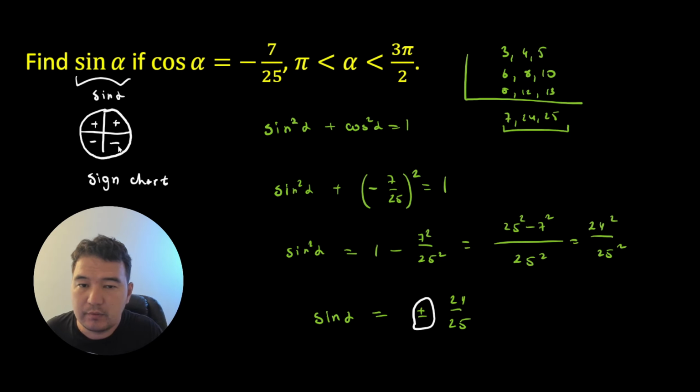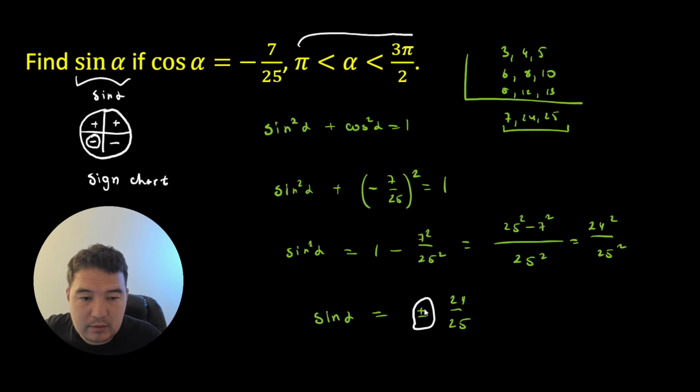In the third and fourth quadrants, it's negative. And this one says that alpha is in the third quadrant, so the value of sine has to be negative. So here I choose negative 24 over 25. So sine alpha is negative 24 over 25.